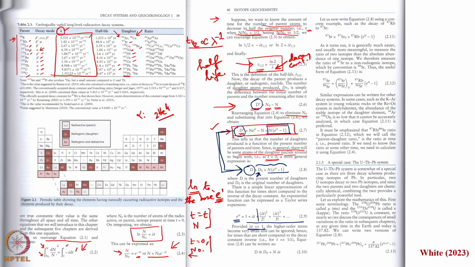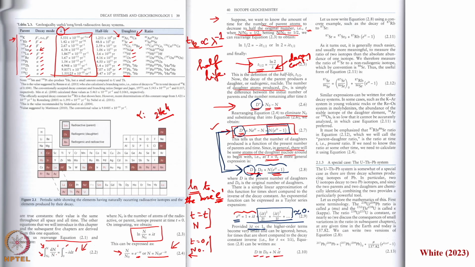So, all these higher terms are nearly equal to 0, they are very small. Therefore, e^(λt) becomes equal to 1 + λt. Once this substitution is made, we find D is nearly equal to D0 plus N multiplied by λt.